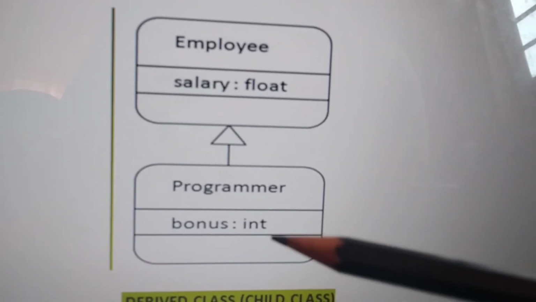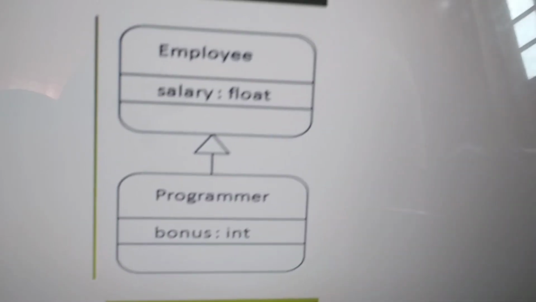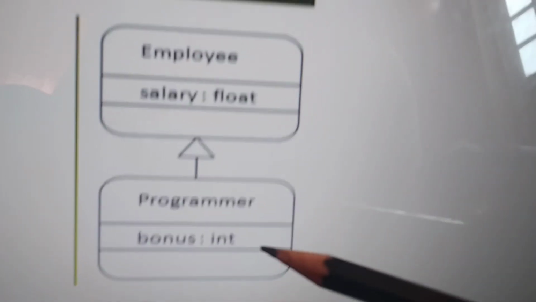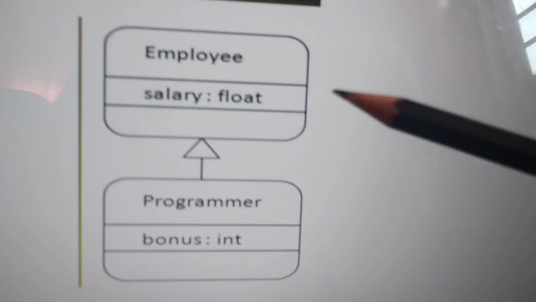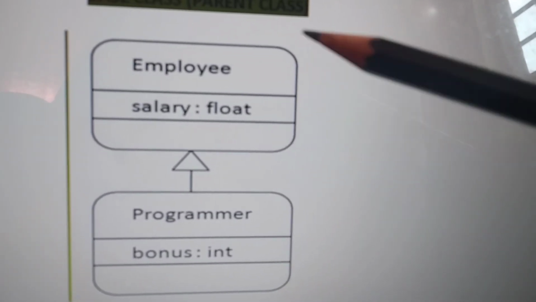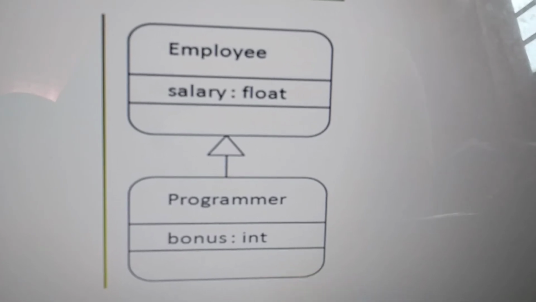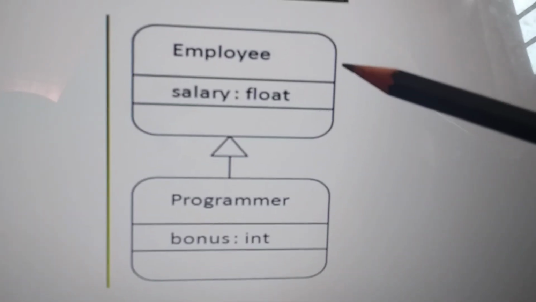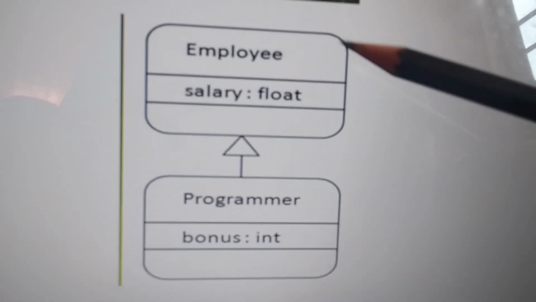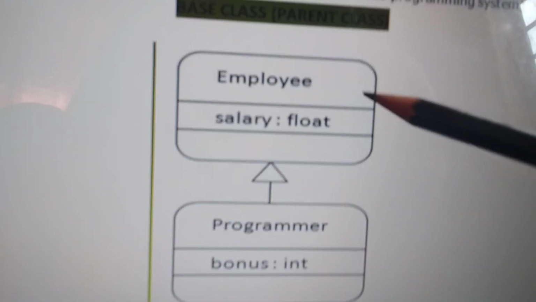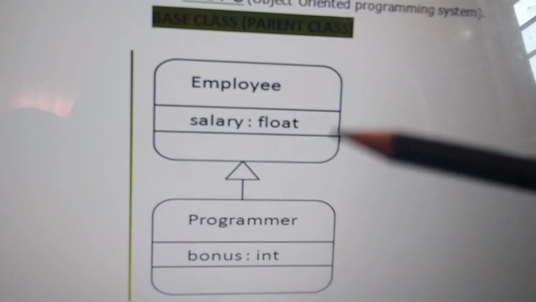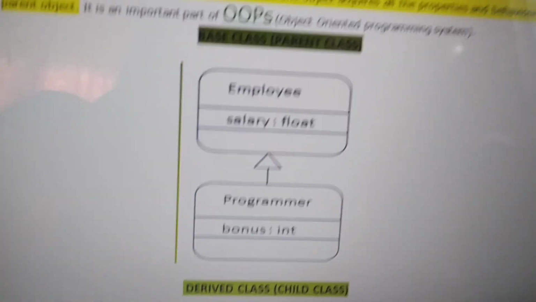If he wants the same things from it and wants to add some more of his own, then instead of writing the code already written by the Employee class, the Programmer can just reuse it from his parent class. This concept is known as inheritance.